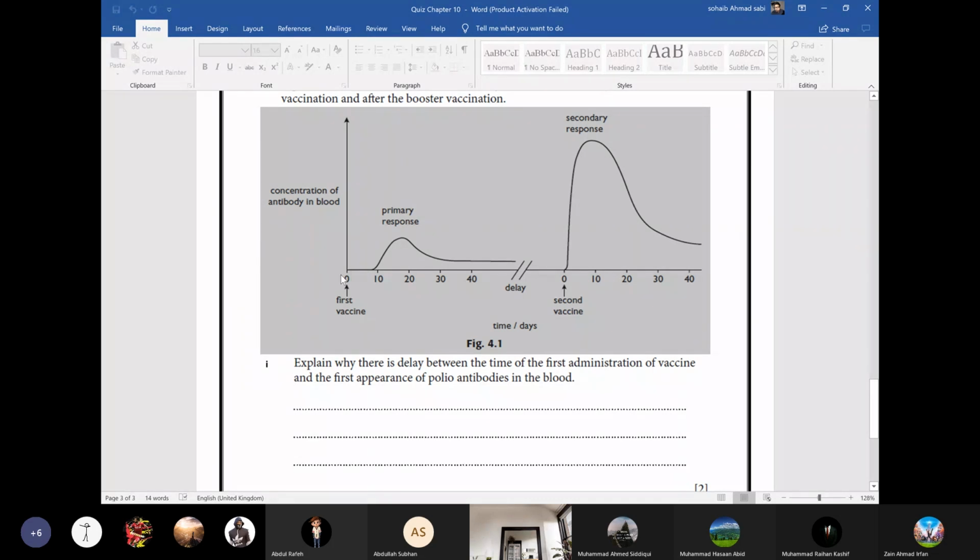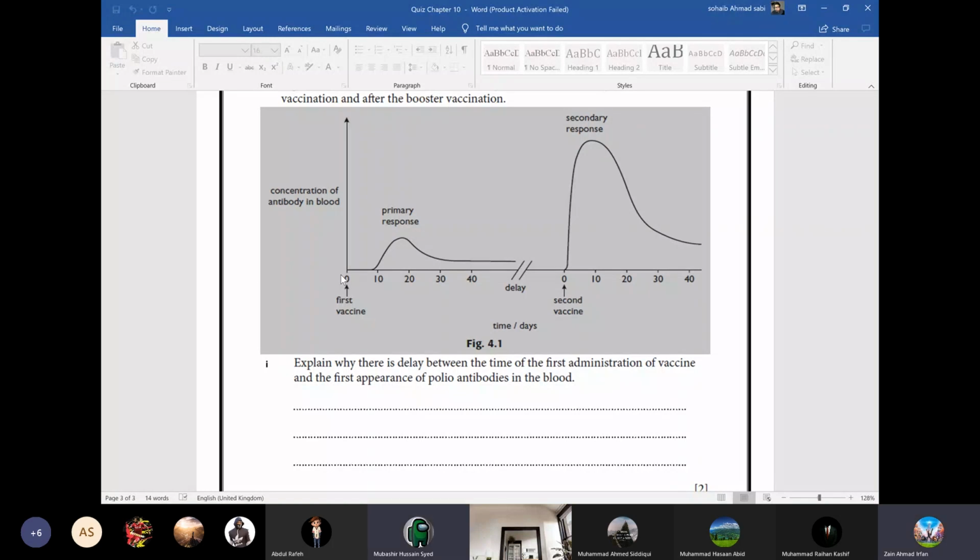Sir, when the second response is given of antigen, it already has memory cells, memory lymphocyte cells. No, the question is why it has taken 9 days to start the production of antibodies.